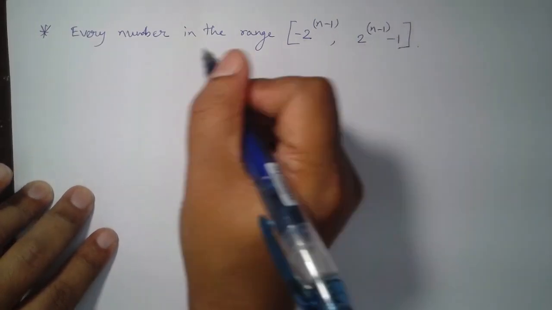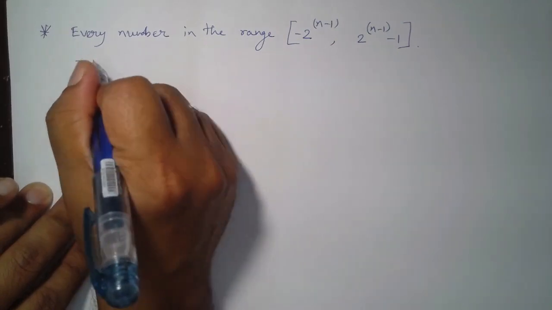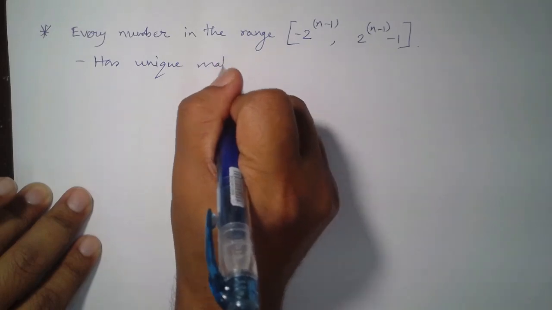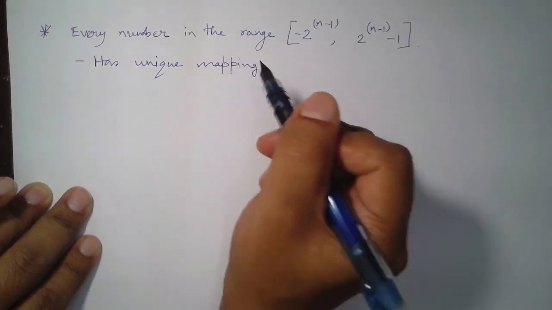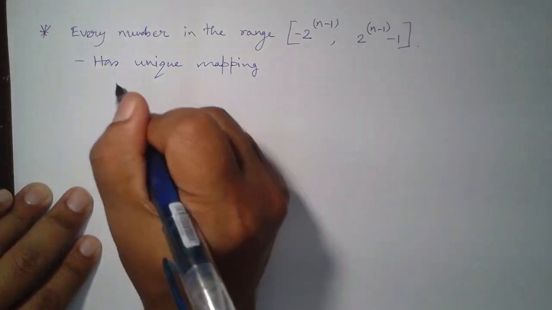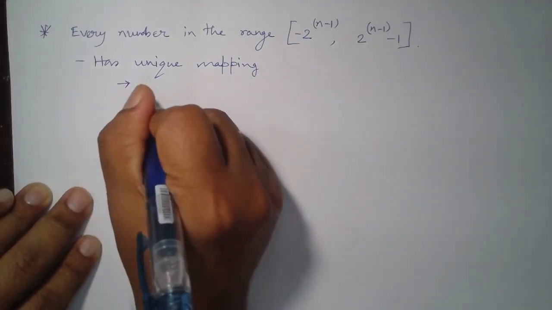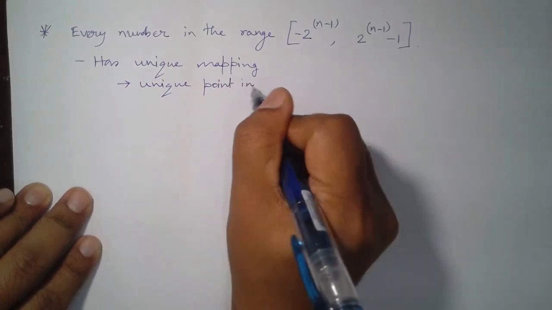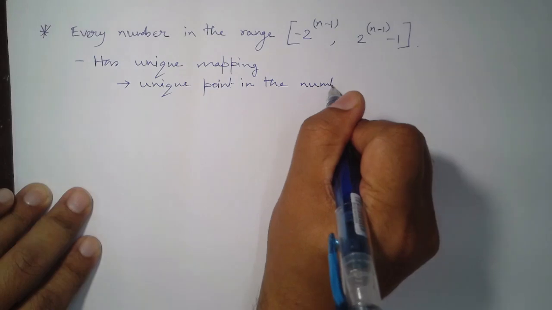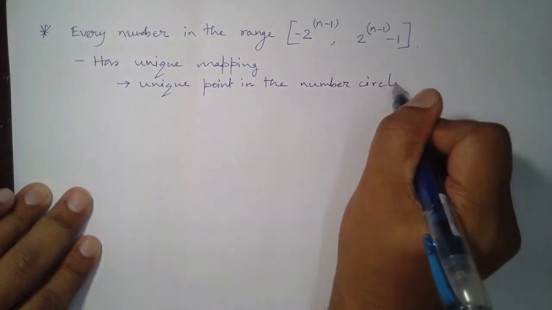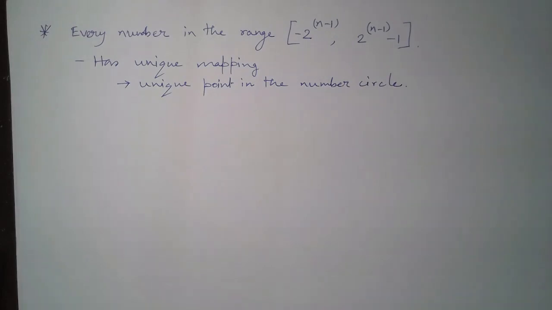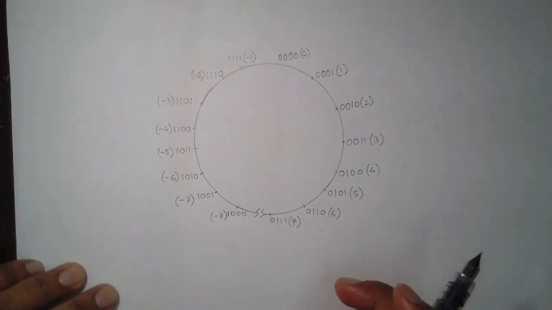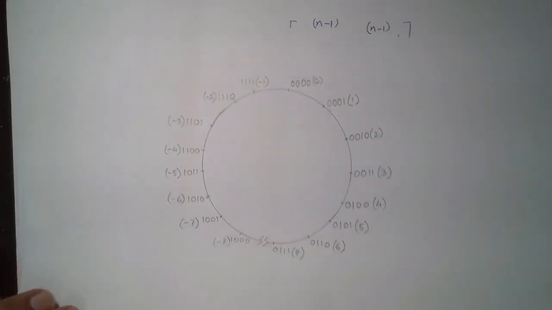It has a unique mapping, and that means there is a unique point in the number circle. So the number circle is very, very important, as this is the representation of the 2's complement method.